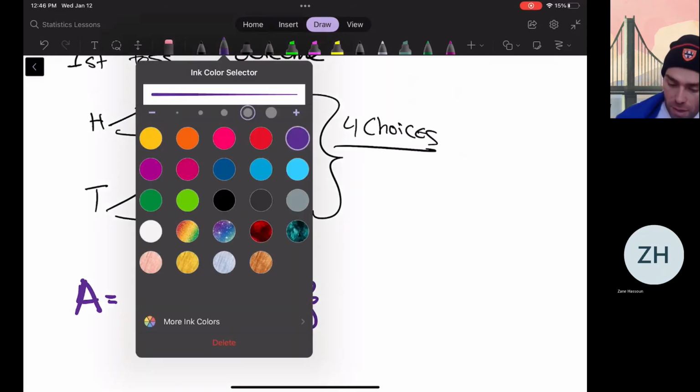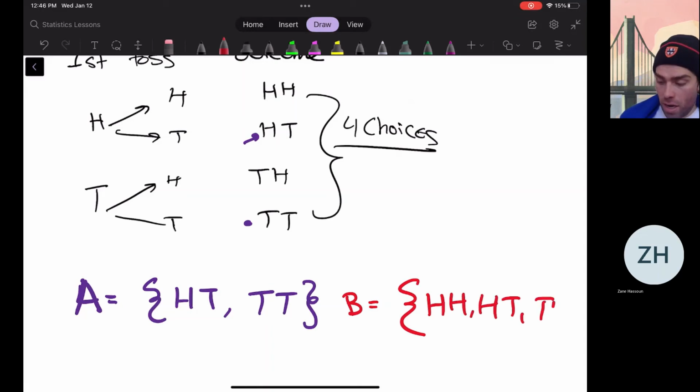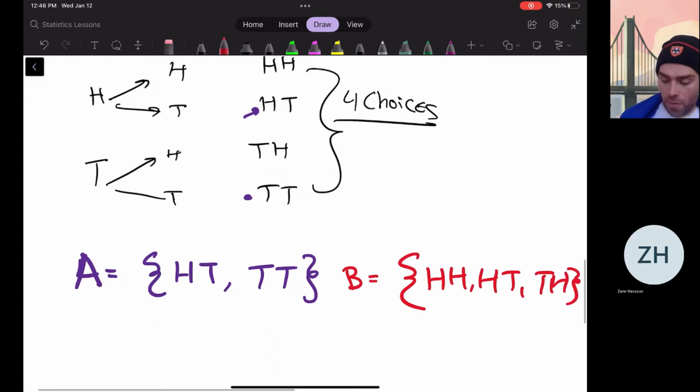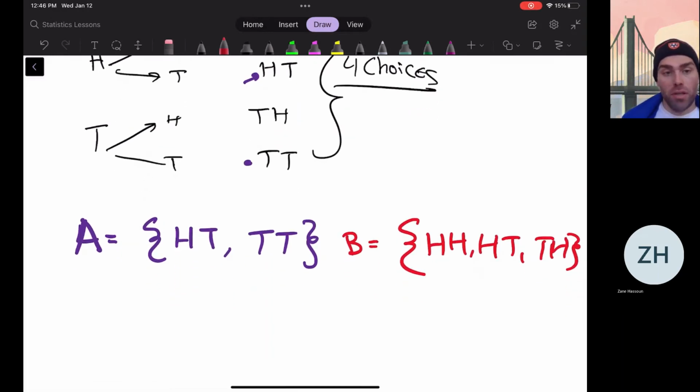And we will define B as, let's do HH, HT, TH. So now we have some intersections between the two and some difference.